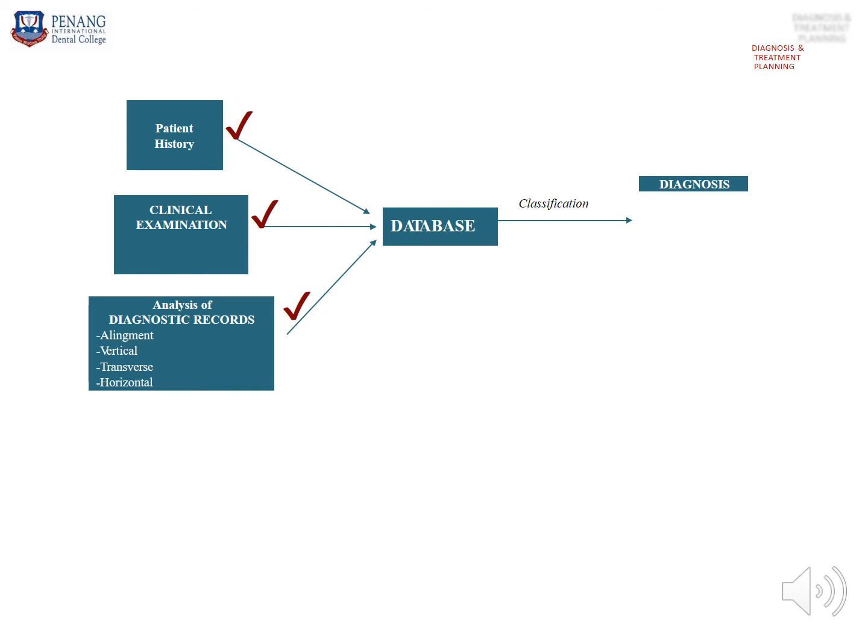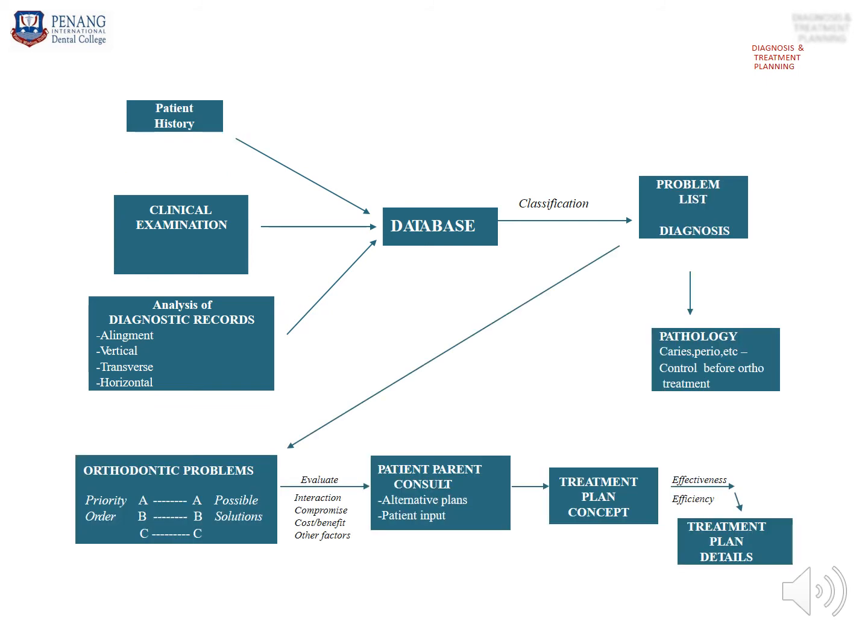Okay, right now we will move into how to formulate the problem list, and then how to formulate the treatment objective, and then how to formulate the treatment plan. Actually, this is what you need to know at this level.